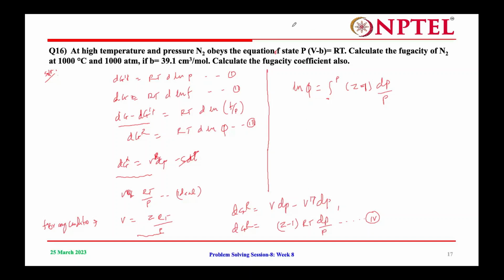Here the given equation of state is P into (V minus b) equal to RT.